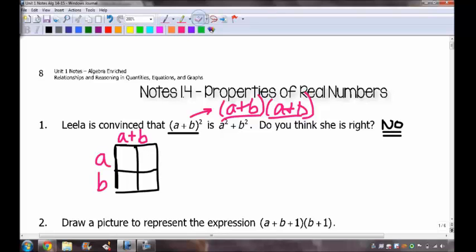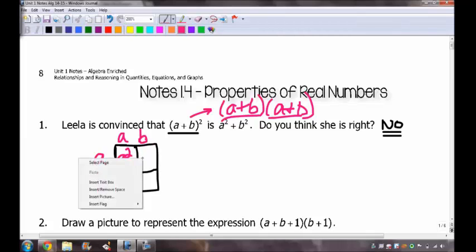Okay, and I don't technically need this plus sign right here because it's implied that this b right here is a positive b. So then when I multiply these guys together, a times a ends up being a squared. Okay, and then a times b ends up being ab. Okay, and then b times a ends up being ba. And then lastly, b times b ends up being b squared.